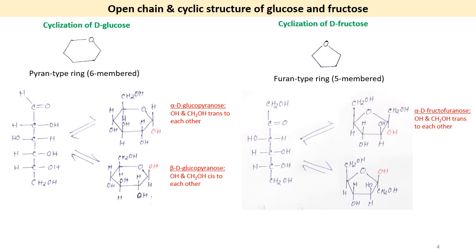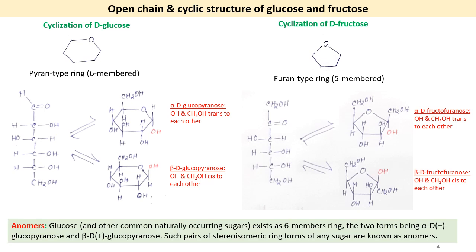So when the OH is trans to the CH2OH, it is called alpha D fructofuranose, and when this OH group is at the top, or the OH group is cis to the CH2OH group, it is called beta D fructofuranose. Now these ring forms are actually called anomers.